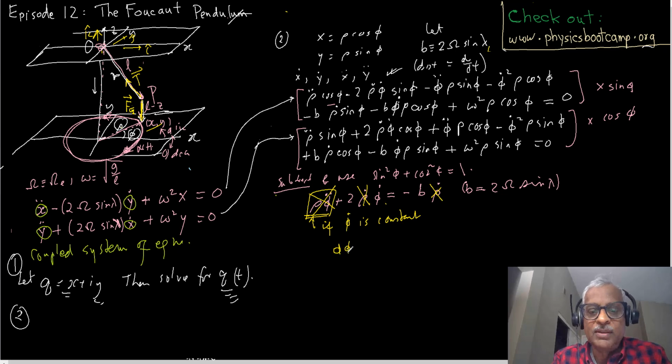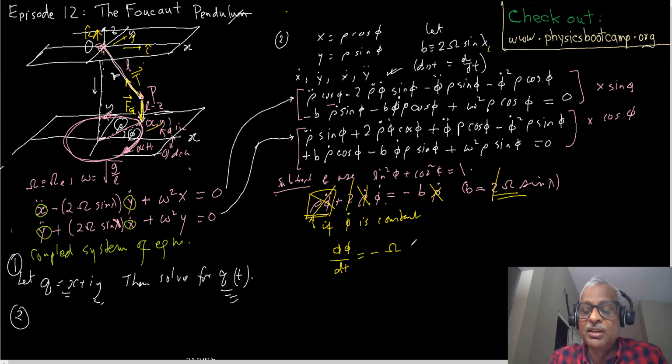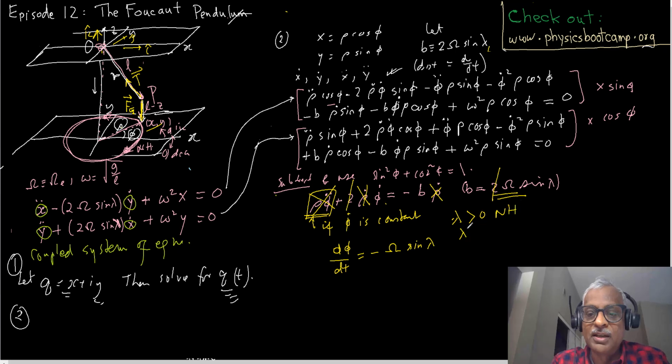d phi dt, that's phi dot, explicitly writing, and b is equal to 2 omega sine lambda, and this minus 2 cancels that 2, this 2 cancels that 2, and this minus omega sine lambda. So you can see that in the northern hemisphere, lambda is greater than 0, and in the southern hemisphere, lambda is less than 0.